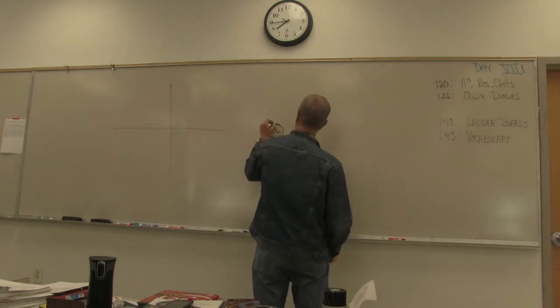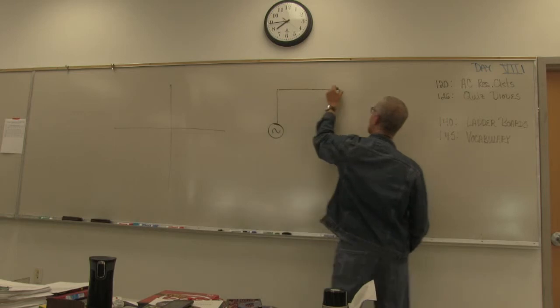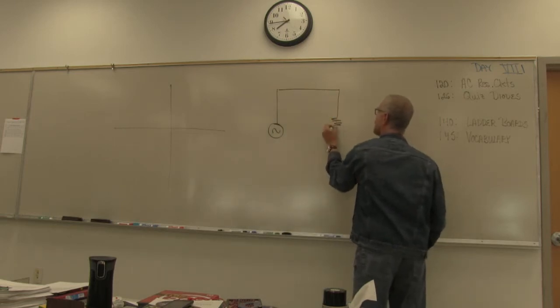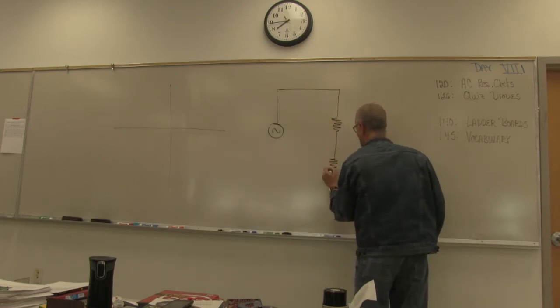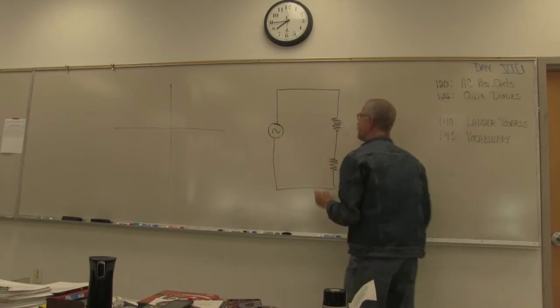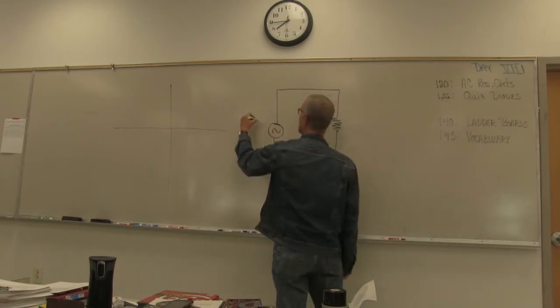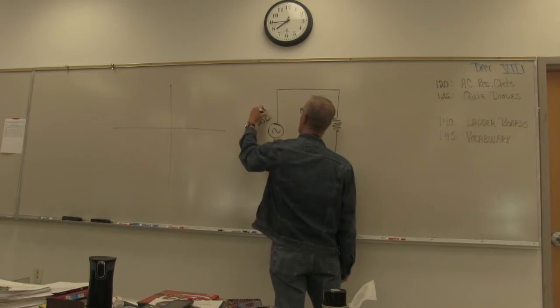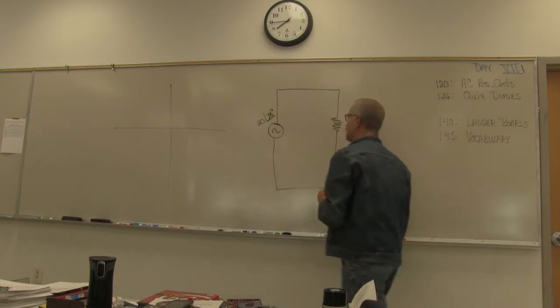Let's look at the same circuit that we looked at before. And this will almost just be a comment in passing because it's a fairly simple concept that we're going to look at here. But the difference is we're going to make this 20 at an angle of 38 degrees. Okay?